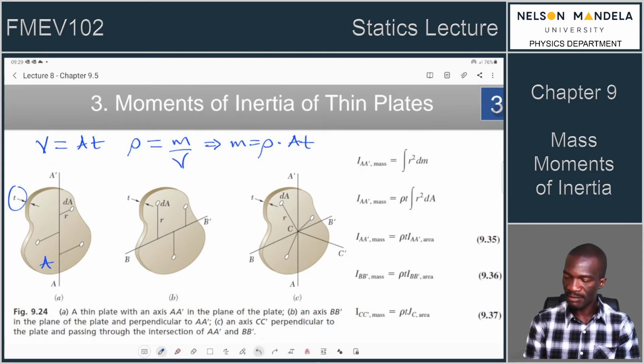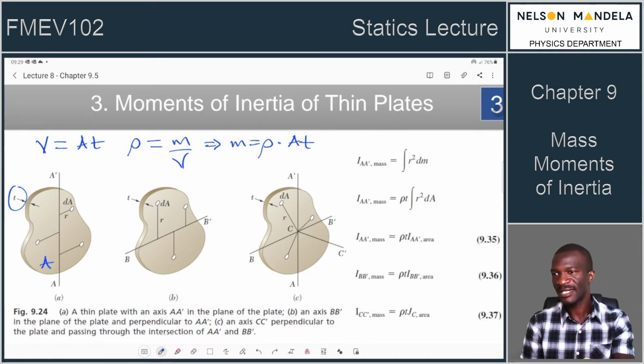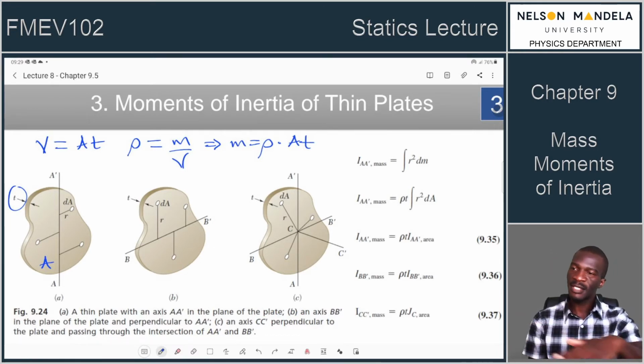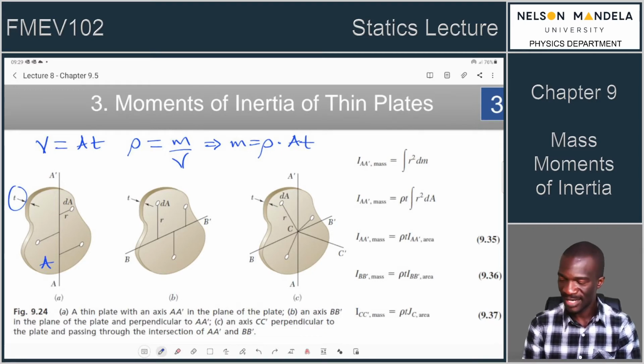We've got the same thin plate now with all axes shown, right? A prime being a vertical axis, B prime being some axis normal to that vertical axis, and C prime being a centroidal axis, right? So C prime is perpendicular to the plate, right? So it's passing through point C.